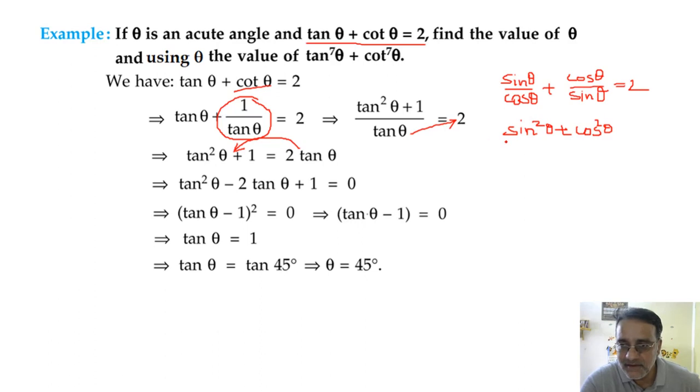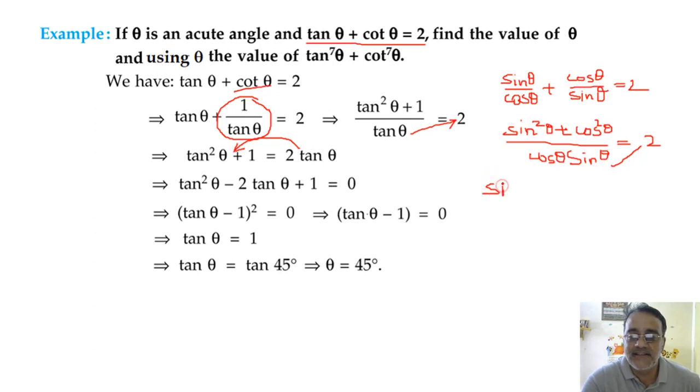upon cos theta sin theta is equals to 2. Now you cross multiply.